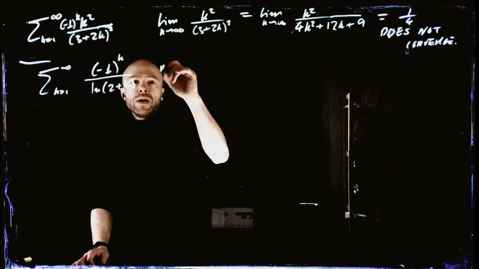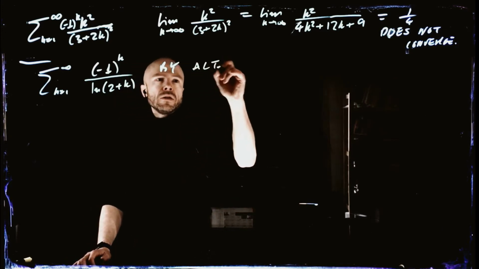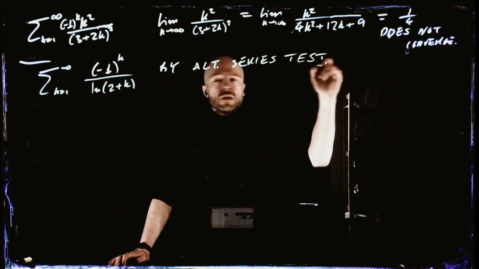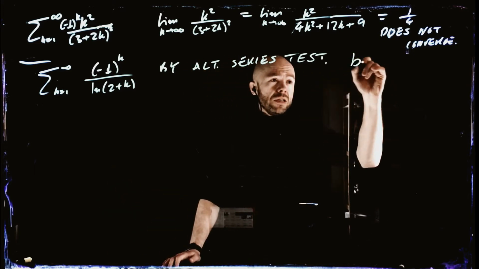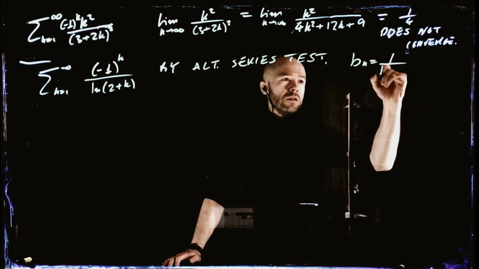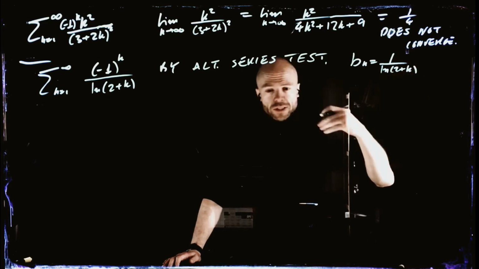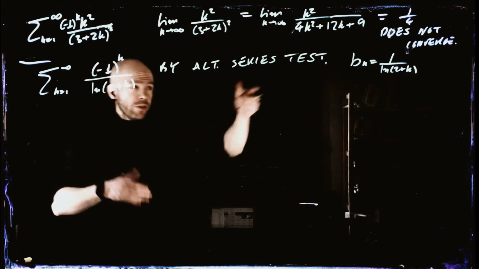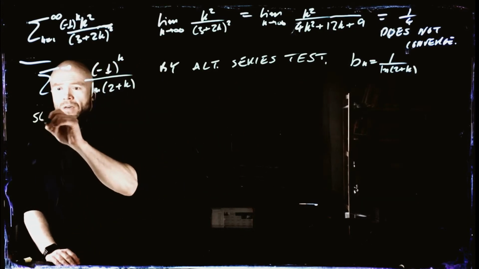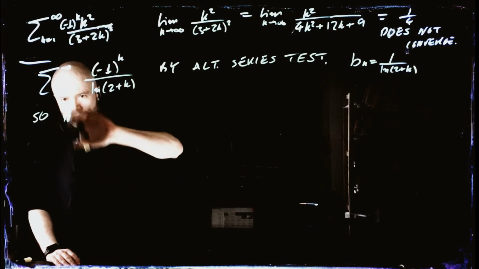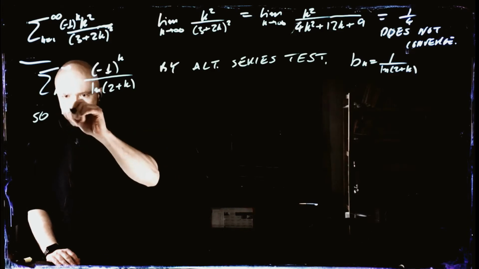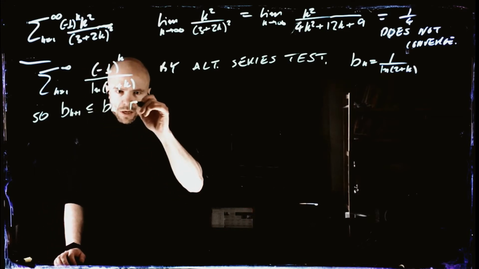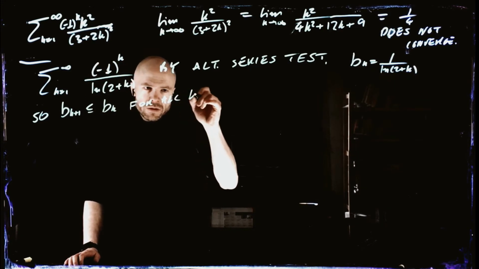So by the alternating series test, we just have that these terms, b_k is 1 over log of 2 plus k, which is going to 0 very, very slowly, but it is going to 0. And we also know that as k increases, these terms steadily decrease. So b_(k+1) is indeed less than b_k for all k. Right?